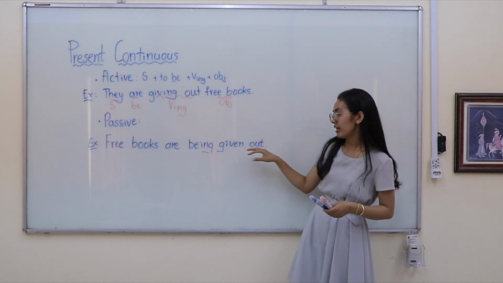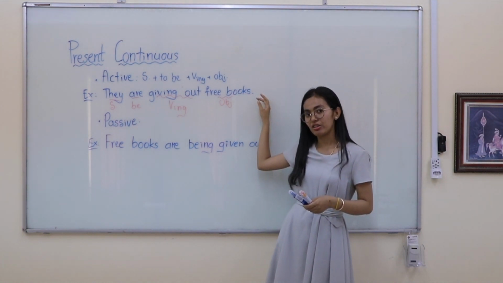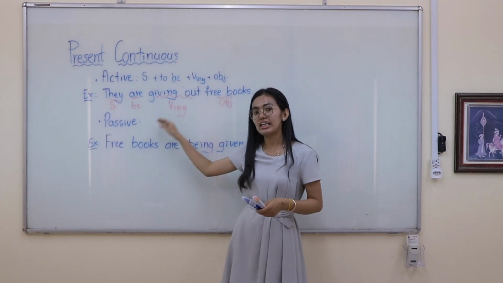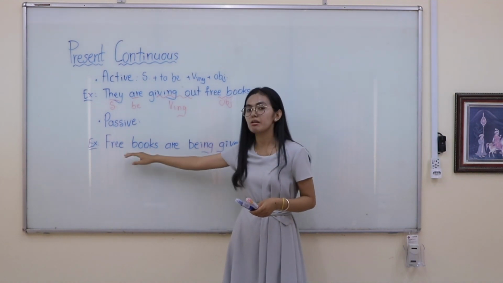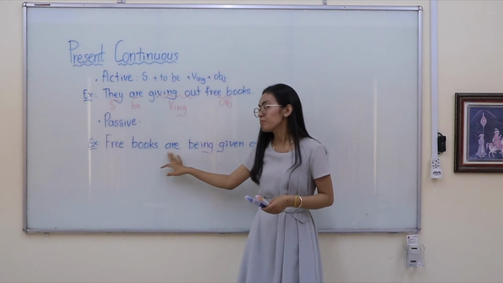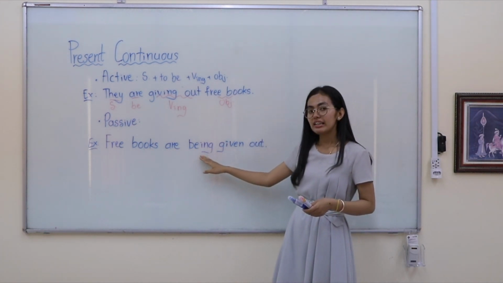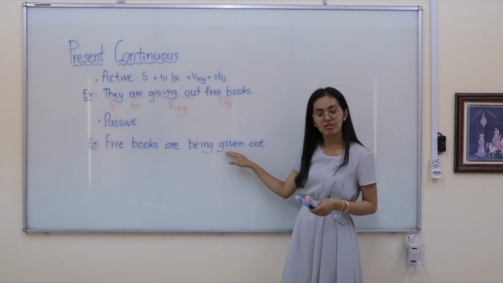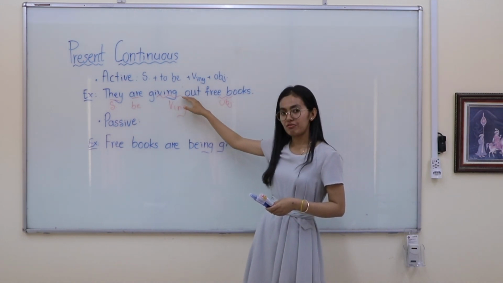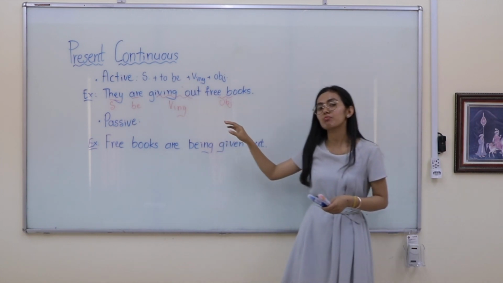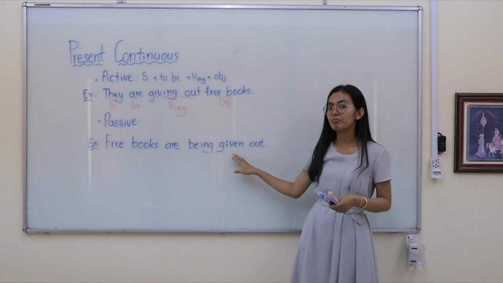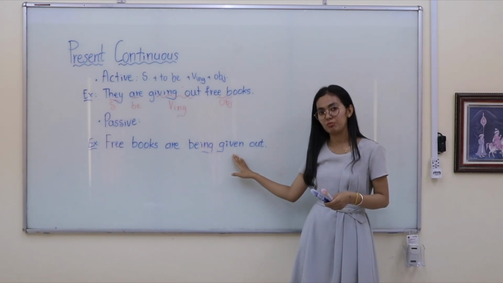If we compare this and this together, you can tell that free books, which was originally an object, has now become the subject of this sentence. We still have verb to be, but instead of having the verb "giving," we have "being." And the word giving, or give, has now become "given," verb 3.